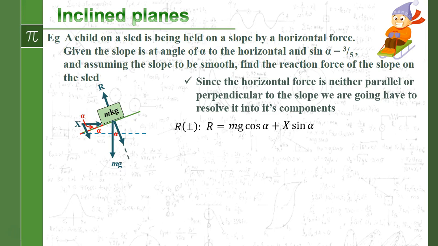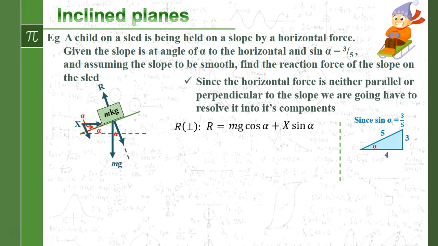Now, we haven't been told the size of the angle, but we have up here got sine alpha is 3/5. So what that allows us to do is work out cos alpha and tan alpha as well. And my best way of doing that is I like to draw a little triangle. So I'll come off to the right hand side of the page, do a little bit of scribbling. So opposite over hypotenuse, 3/5, which means Pythagorean triple.